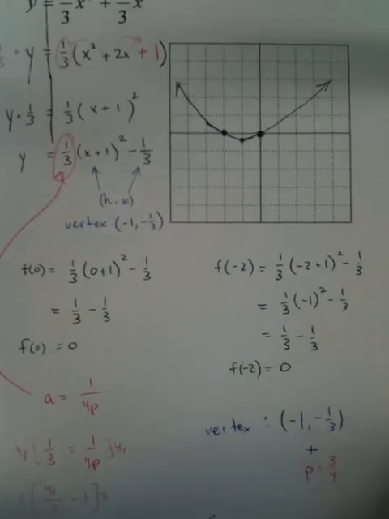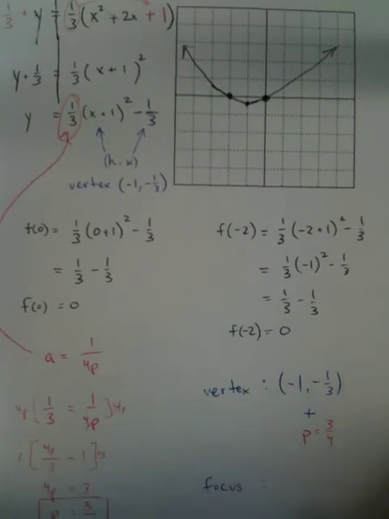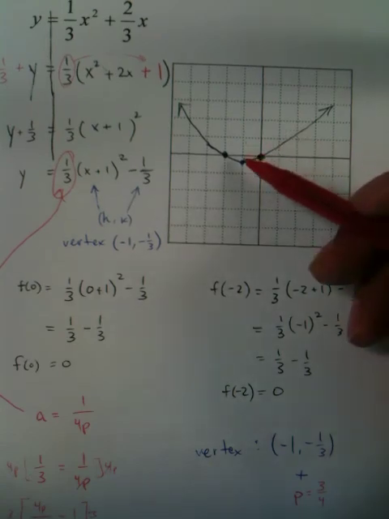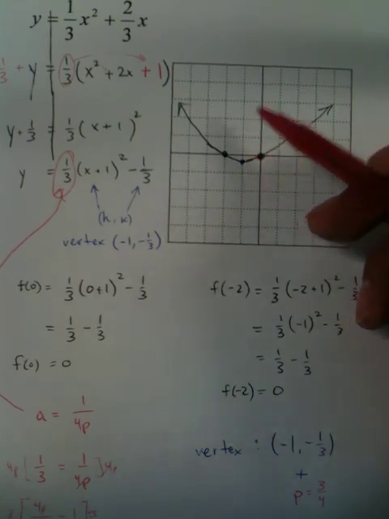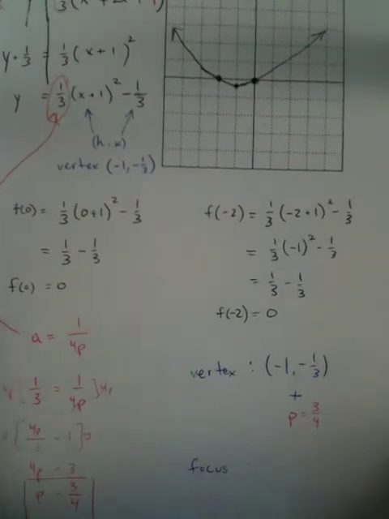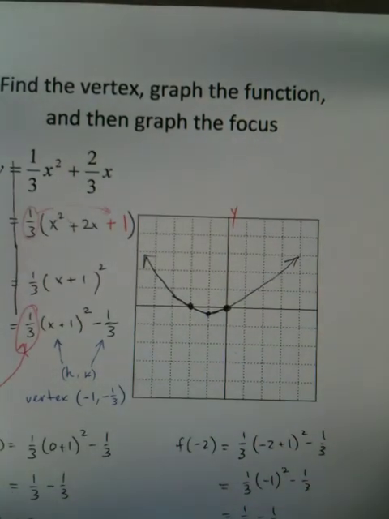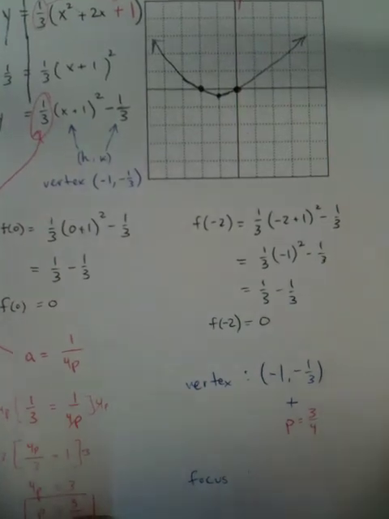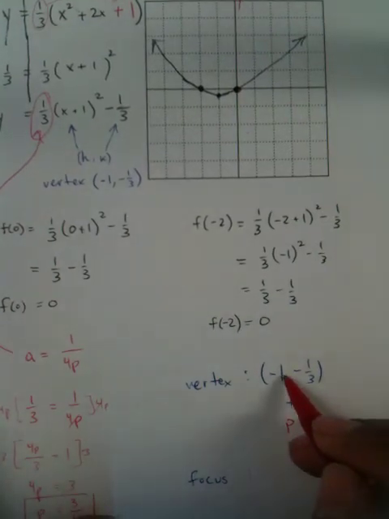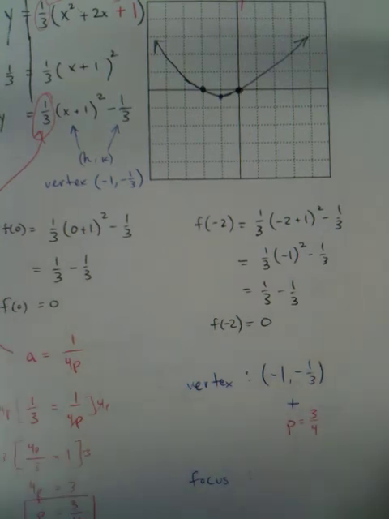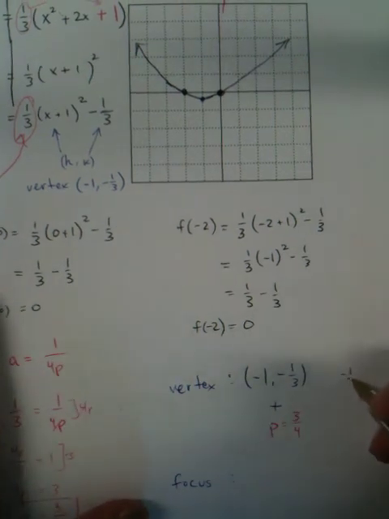Now in our equation, we want to add p up, because as I was saying, a focus is a point inside the parabola. The y value is the vertical value. So instead of adding 3/4 to -1, we're going to add 3/4 to -1/3. We could do some simple arithmetic. We'll say -1/3 plus 3/4. Add these two fractions together by getting a common denominator.